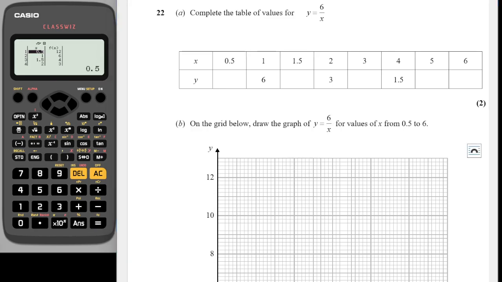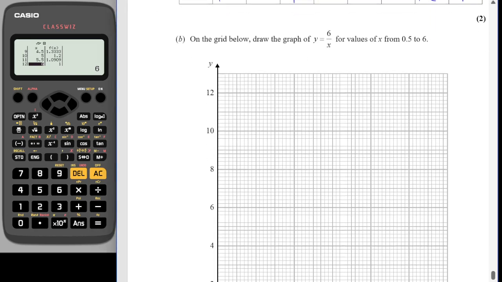So my first value is 12. My second value is 6. My next value is 4. When it's 2, it's 3. We agree with that. We've then got 2. When it's 4, it should be 1.5. And then when it's 5, we should have 1.2. And when it's 6, we should have 1.